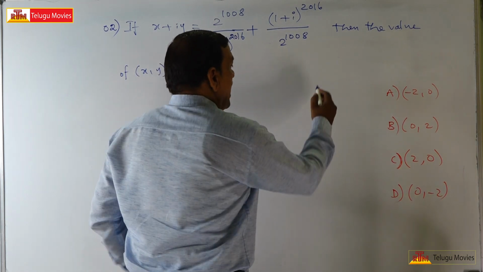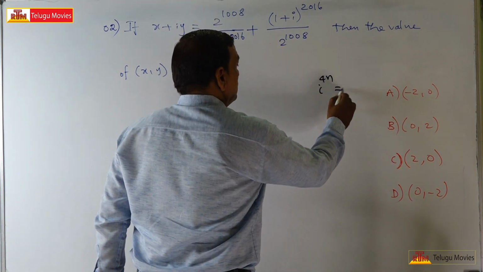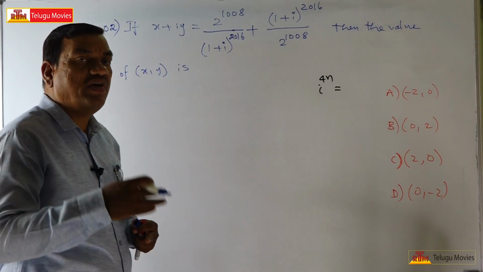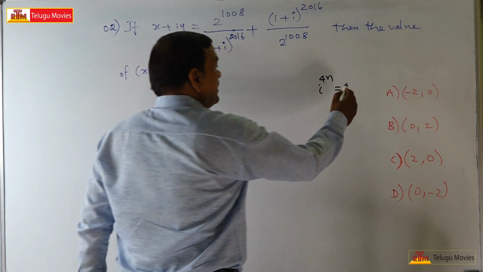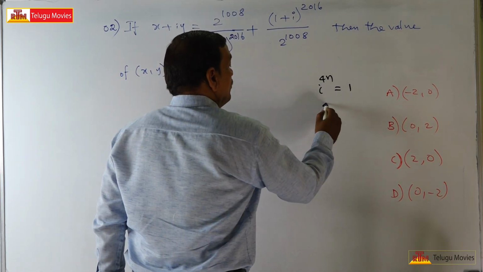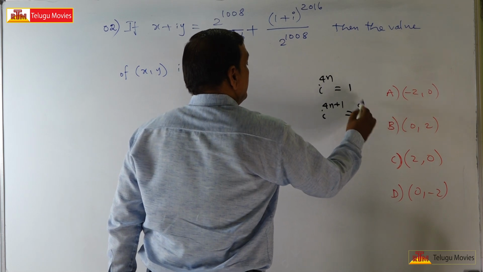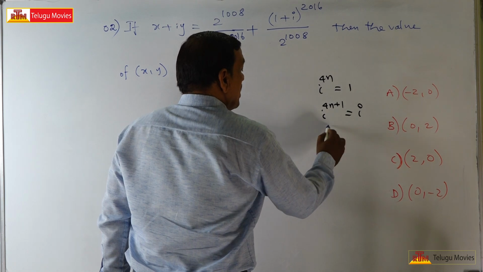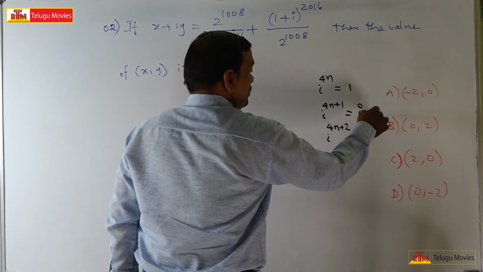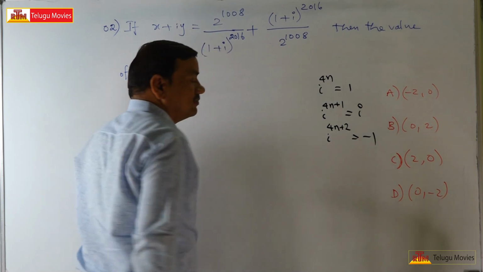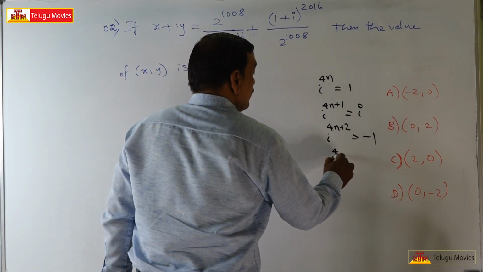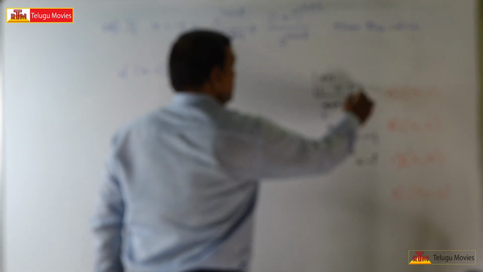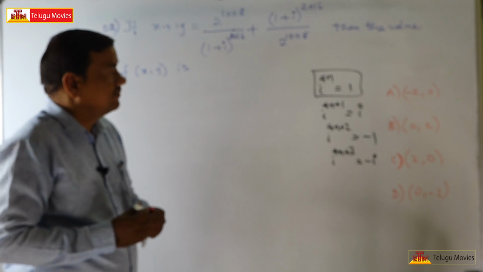Here i to the power of 4n, that means a multiple of 4, where n is an integer, its value is 1. i to the power of 4n plus 1 is 1 into i, that is i. i to the power of 4n plus 2 is i into i squared, that is minus 1. i to the power of 4n plus 3 is equal to minus i. If you know the first one, the remaining three are very easy.